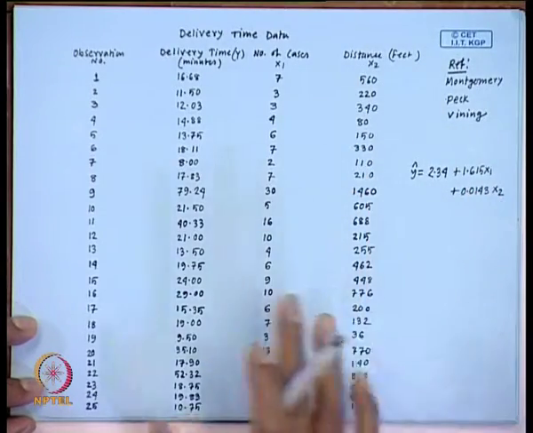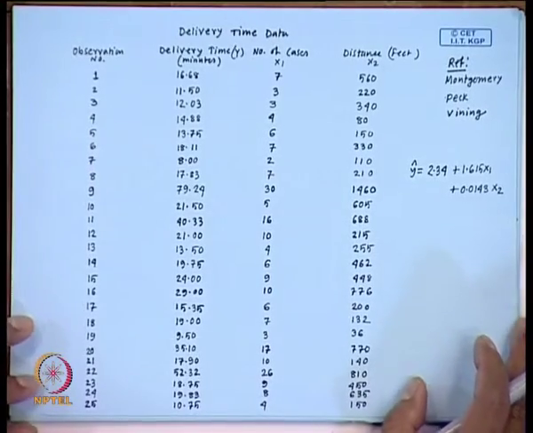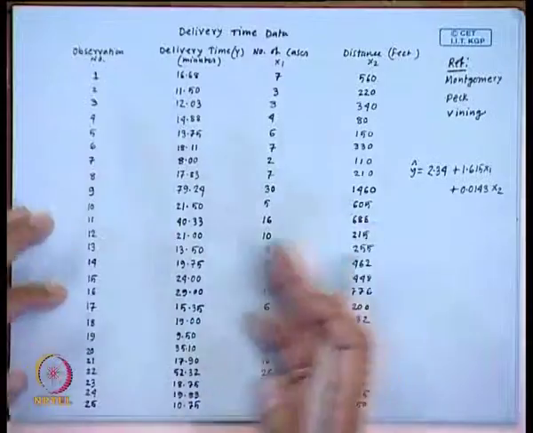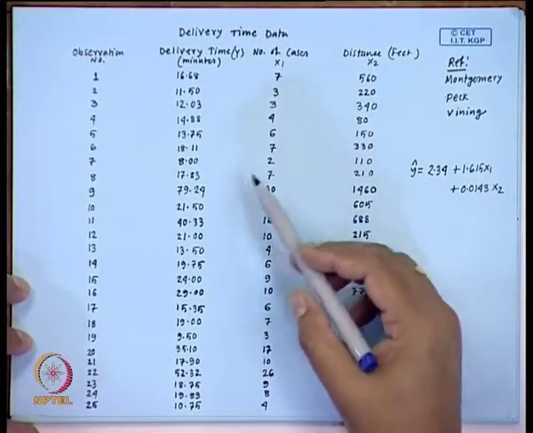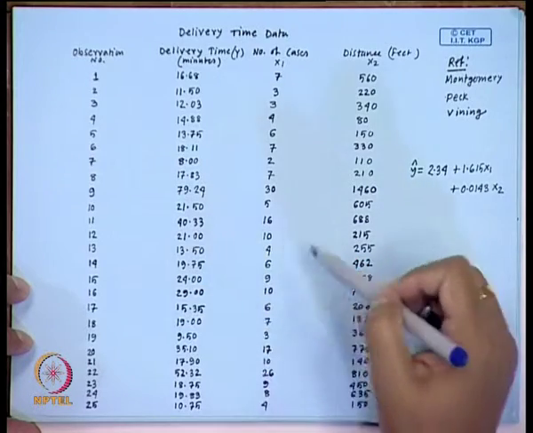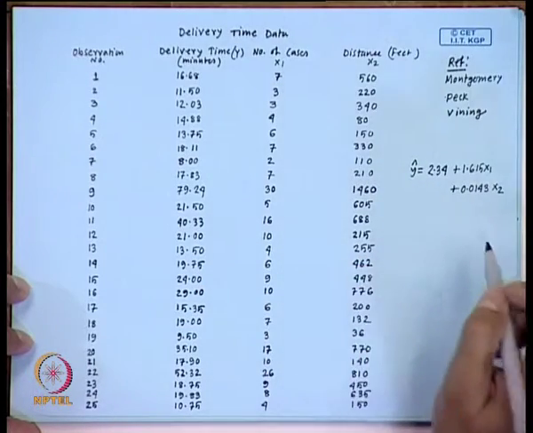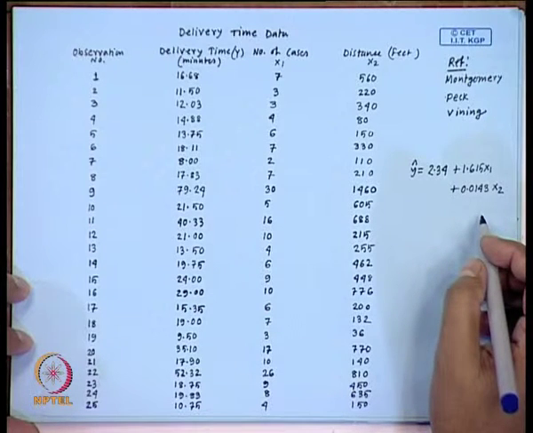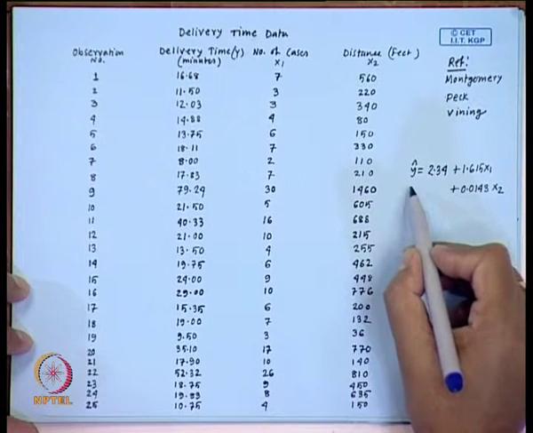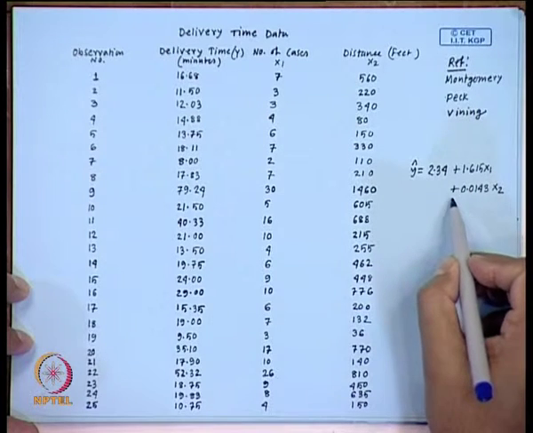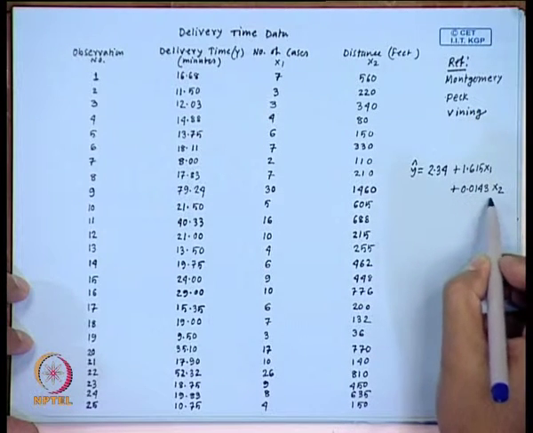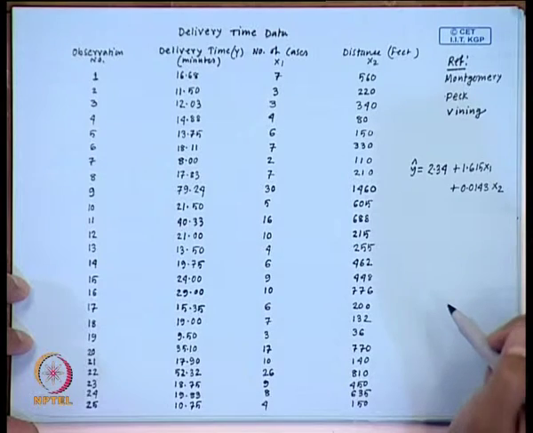Okay. So, this is an example of a multiple linear regression model with two regressors and one response variable, and you know how to fit a multiple linear regression model to this data, which we have discussed in the previous module, and here is the fitted model.